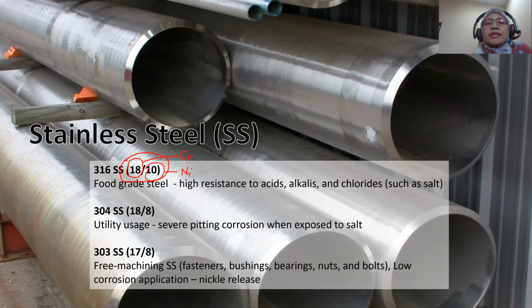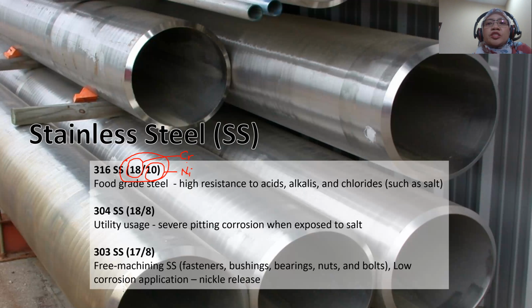Then 3A sanitary standards allow the use of 304 stainless steel only for utility usage, for example, pipings, as it can experience severe pitting corrosion when exposed to salt. 3A sanitary standards restrict the use of 303 stainless steel due to nickel release when exposed to chlorides. The nickel release may affect health.